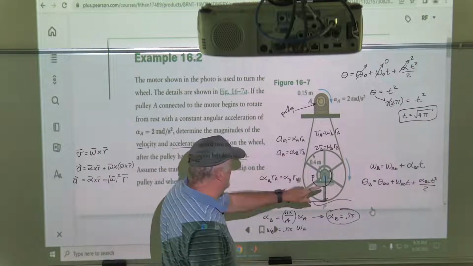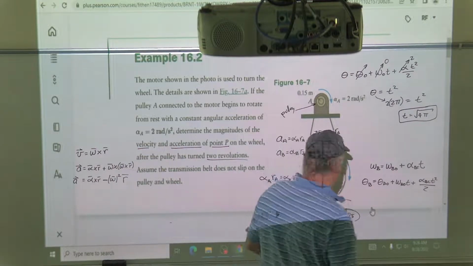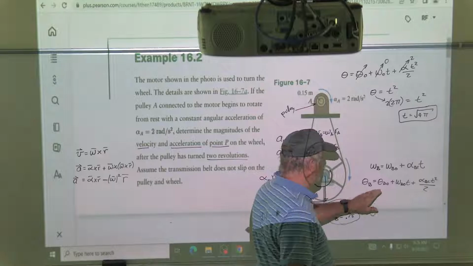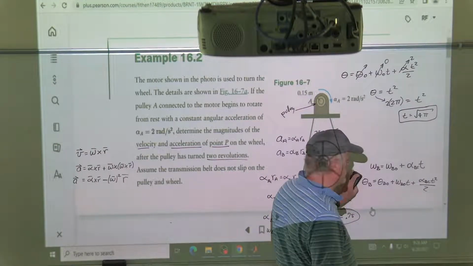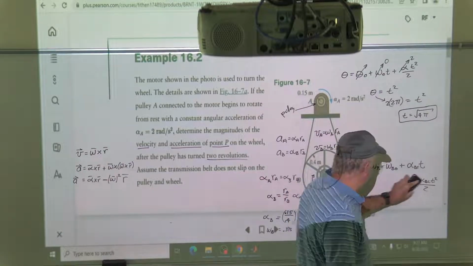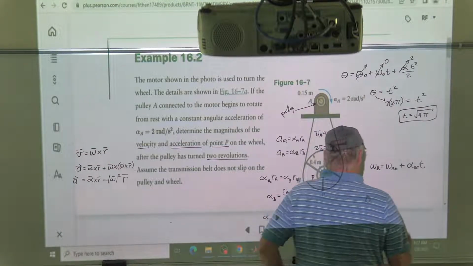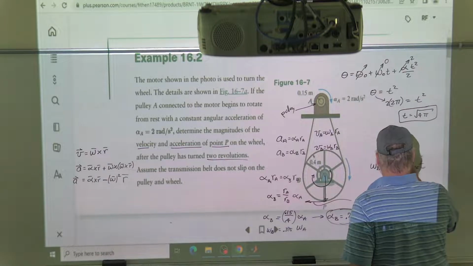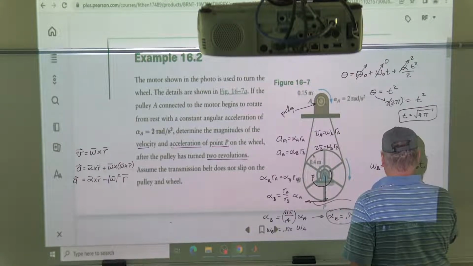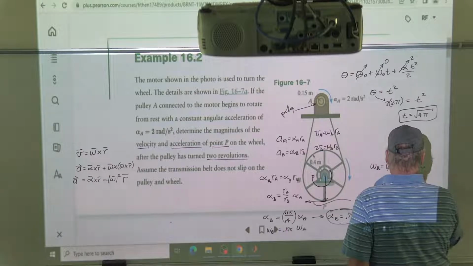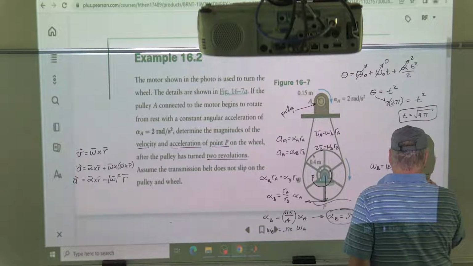So the omega, we don't know the omega yet, and actually we don't need this equation right here. I wrote it without even thinking. But the omega, since it started from 0, is 0.75 times the square root of 4 pi, unless I made a mistake.